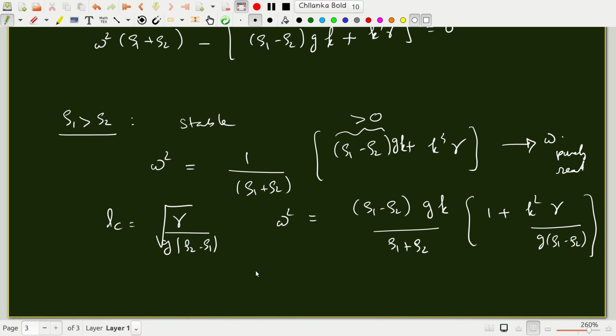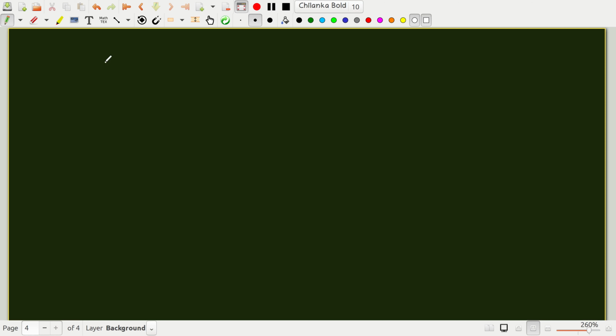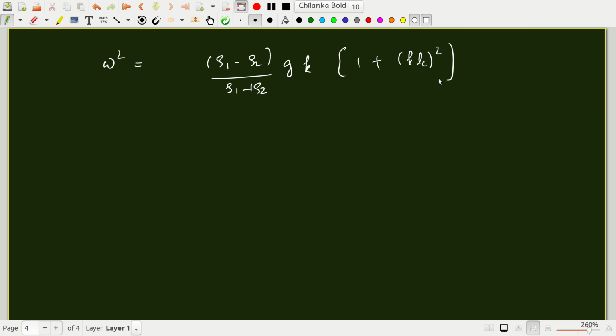So I'll get omega squared is (rho 1 minus rho 2) by (rho 1 plus rho 2) times gk times (1 plus k LC) the whole squared. What is this? This is the Atwood number that we introduced last time.